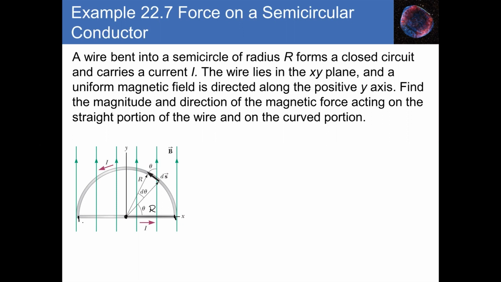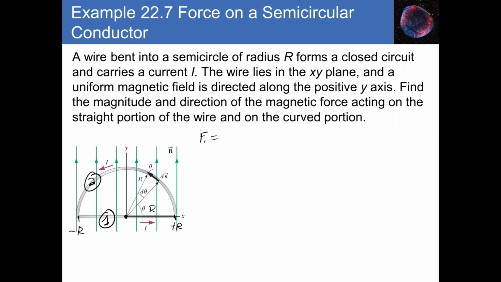That means it's also a radius. So I can say that this segment goes from negative r to positive r, right? So my straight segment goes from negative r to positive r. Okay, so again, I'm going to consider this as my first segment, and this one, the curve, is my second segment. All right, so let's find the force for the first segment.